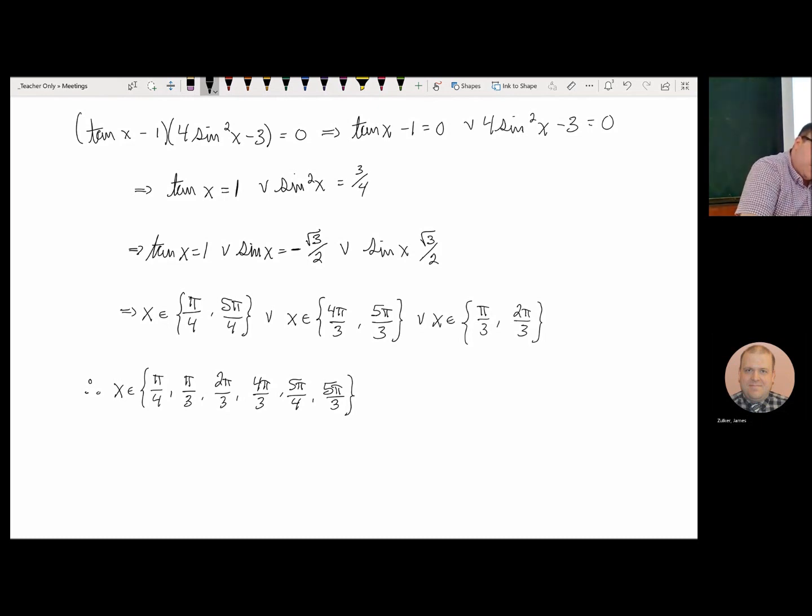I think 5 pi over 4 is smaller than 4 pi over 3. Oh, yeah. Doesn't matter. I just like to have it in ascending order. And so there's our solution set.